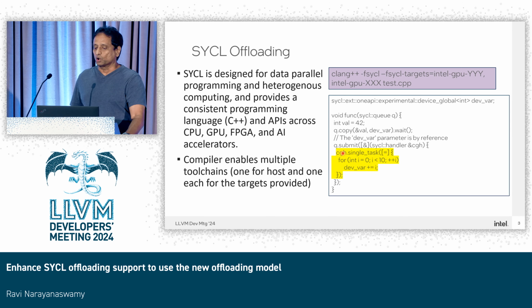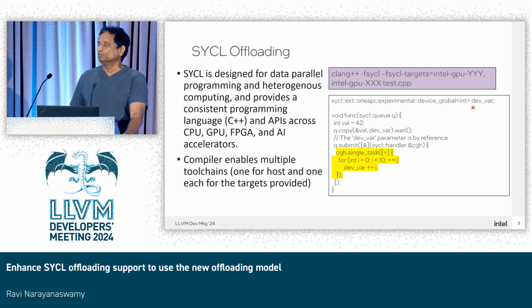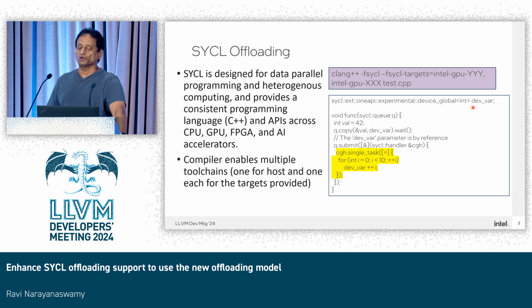And here's how a simple program looks, though you may find some incorrect things in this. The point is to illustrate how a simple SYCL program looks. On the top, you have the global data, the dev-var, which exists both on the device and on the host. Then you have a function where you pass in the queue.